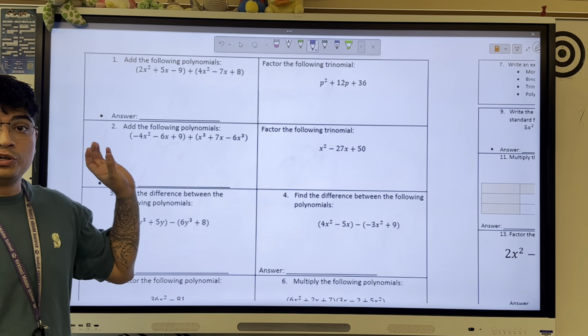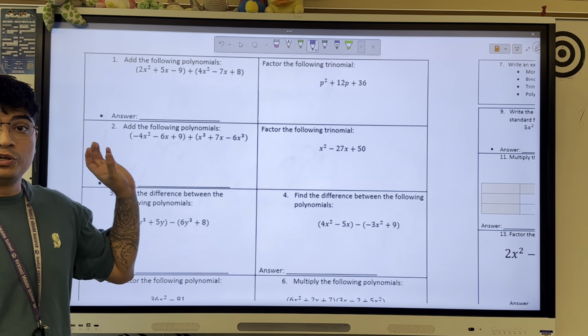Then I have 5x combined with negative 7x, so I have $5, buy something for 7, or take away 7, which would leave me at negative 2x. And then negative 9 combined with positive 8 would give me negative 1 as my final answer. It's a trinomial.